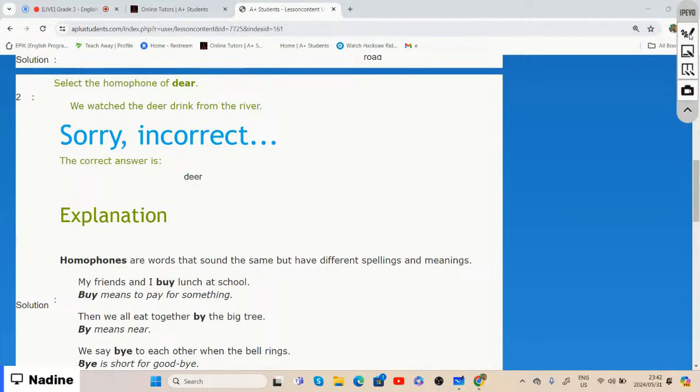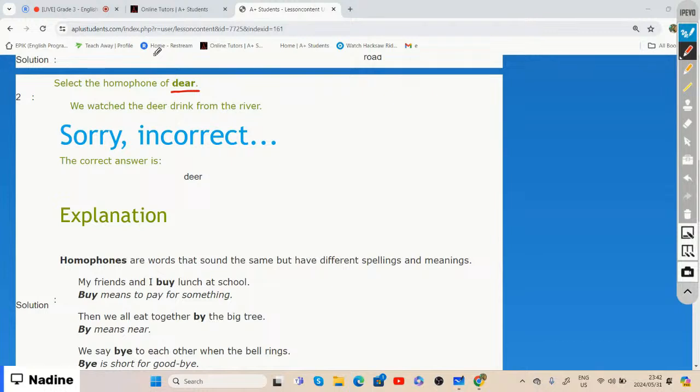Okay, now we're looking at another word, dear, D-E-A-R. It's like my dear, right? We watched the deer drink from the river. So we need to select the word deer from that sentence that matches this word dear that I've written down.